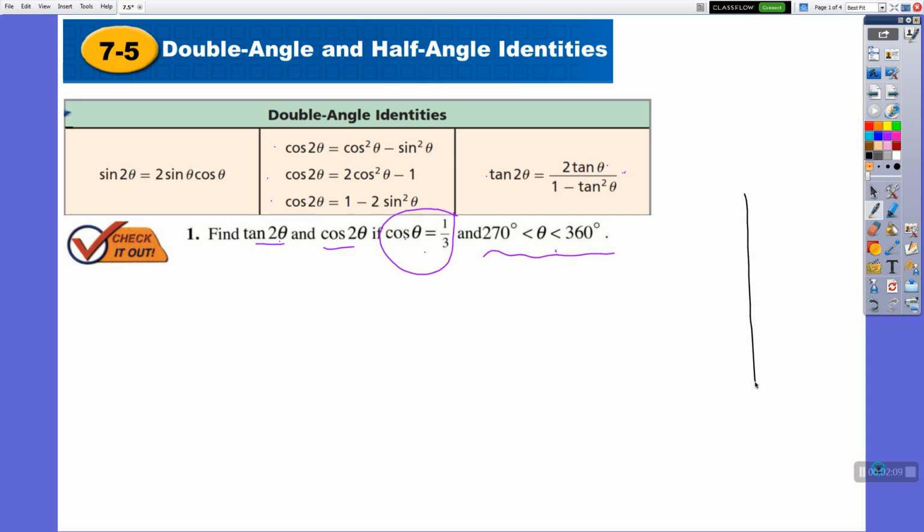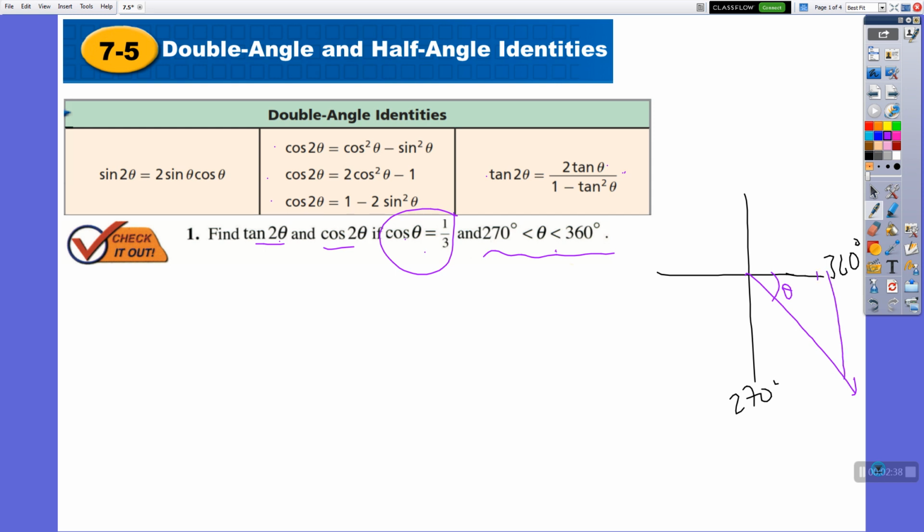So here is the coordinate plane between 270 and 360, which means our angle theta is in the 4th quadrant. In quadrant 4, we have angle theta.